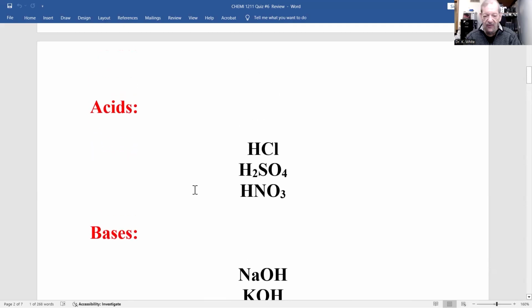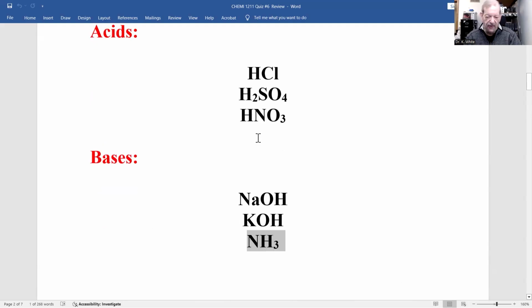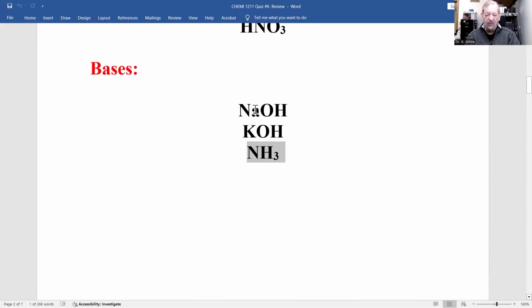Let's go back here in case you're writing it down, but you can also go look at this file. Again, here are my acids: HCl, H2SO4, HNO3. Here are my bases: sodium hydroxide, NaOH, KOH, NH3.